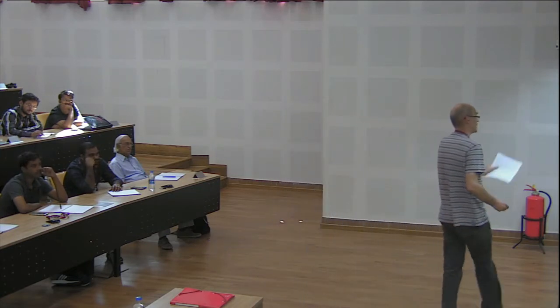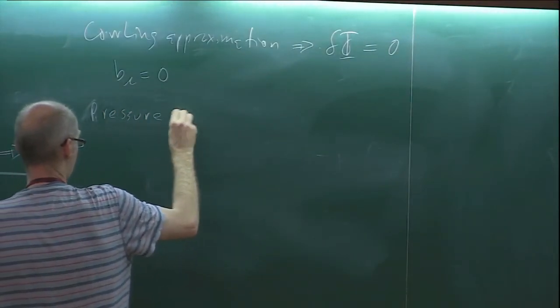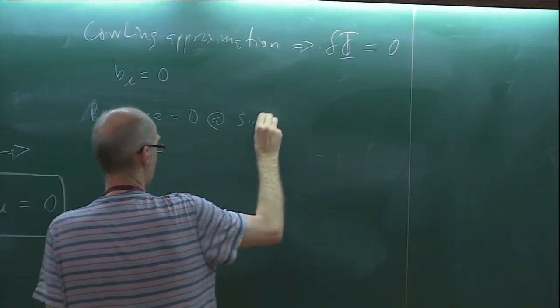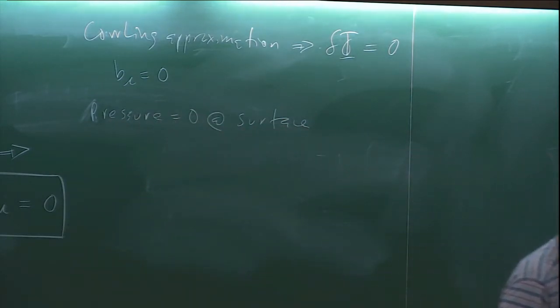So now the only thing I need is a relationship between delta P and chi. I'm going to get that by saying that the pressure is 0 at the surface, always. In fact, this is the definition of the surface. If I find the 0 pressure of the star and I ride along with it, that's the surface.